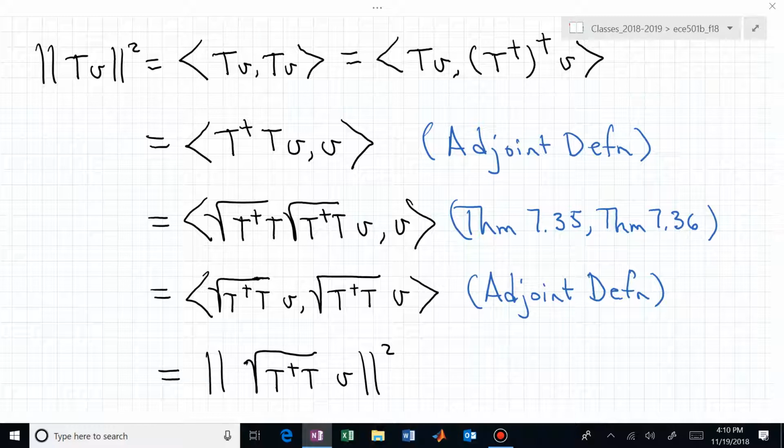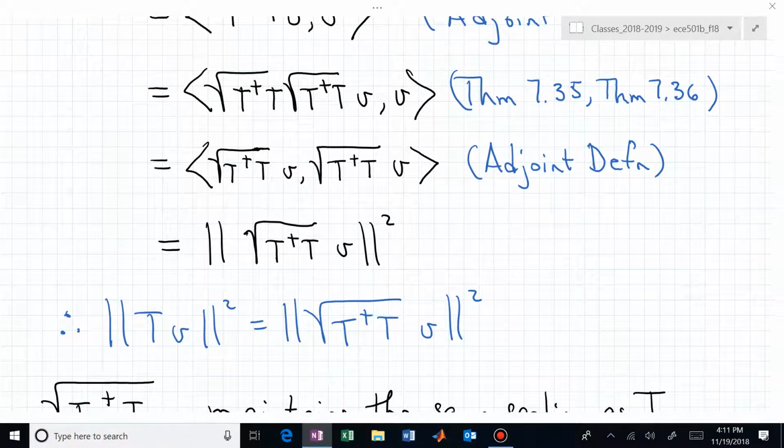Now we can conclude that TV has the same norm as the square root of T dagger T V. So we haven't messed up the scaling. They have the same norms.